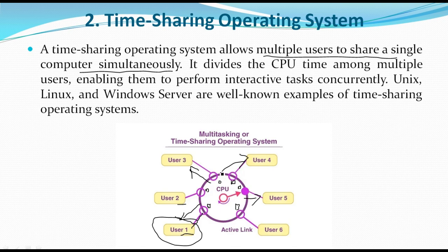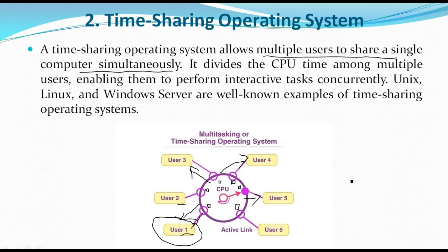But actually the CPU time is divided among the multiple users, and every user is interacting and performing their task concurrently in the time sharing operating system. Therefore we say multitasking. Multi means more than one task, meaning all the 6 users can perform different tasks, 6 tasks at a time.